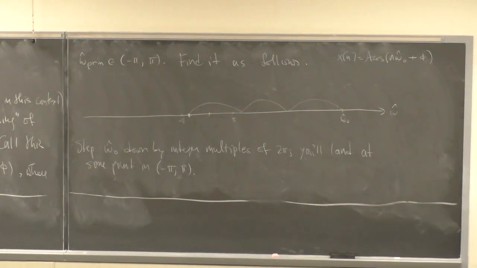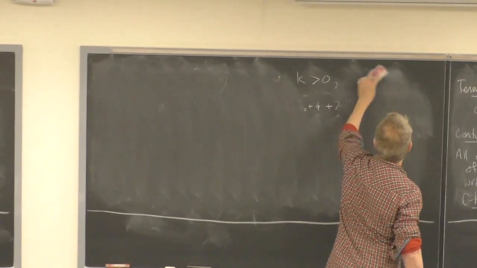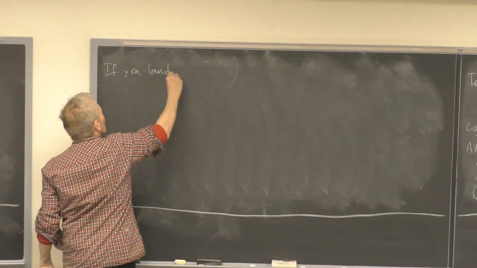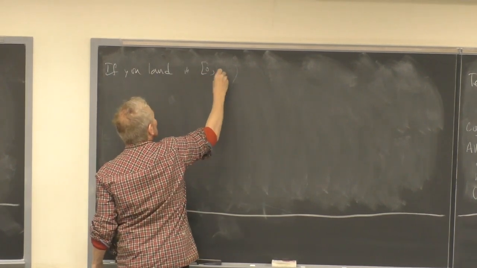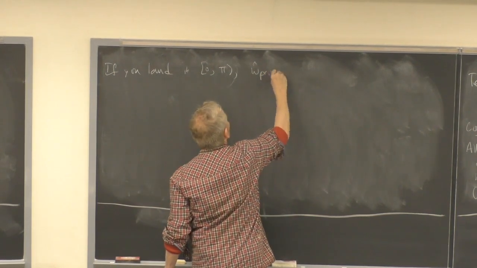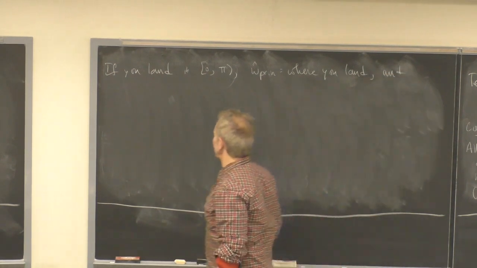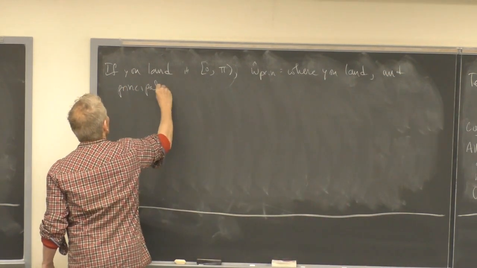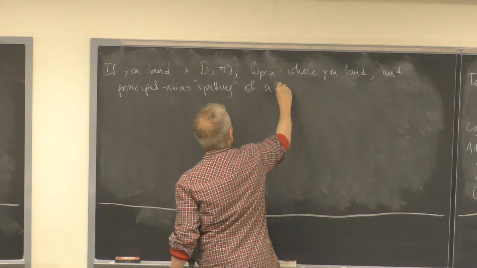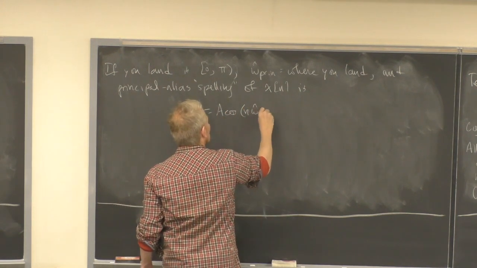All right, so if you land to the right of 0, if you land in the interval 0 up to pi, we call omega hat prin where you land, and the principal alias spelling of x of n is this: x of n equals a cosine n omega hat prin plus v.